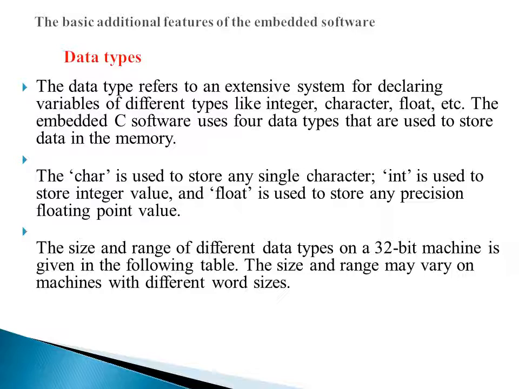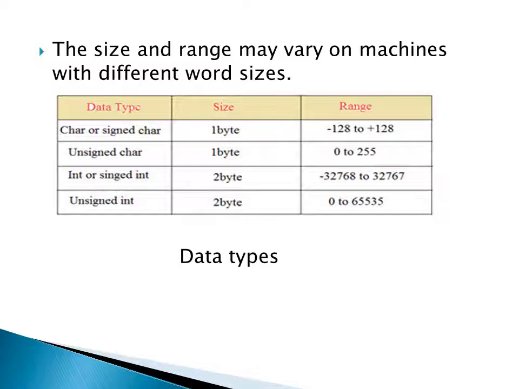The character is used to store any single character, integer is used to store integer values and float is used to store any precision floating point value. The size and range of different data types on a 32-bit machine is given in the following table. The size and range may vary on machines with different word sizes.